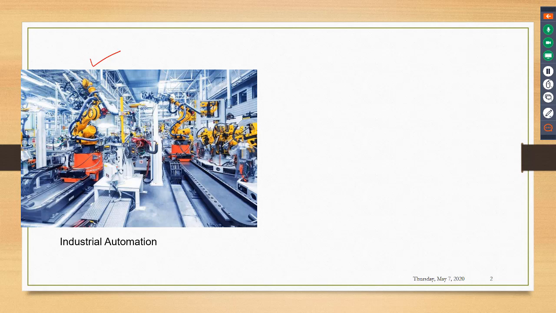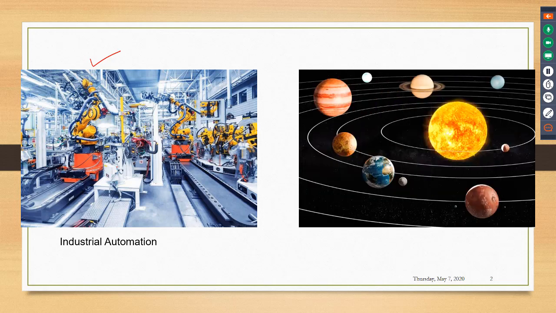or if you observe on the right side, you can see the solar system. The solar system is working very nicely and is very automated. If you see the planets, they revolve perfectly and precisely, not colliding with each other. How nicely it is designed, and how automated it is working, right?